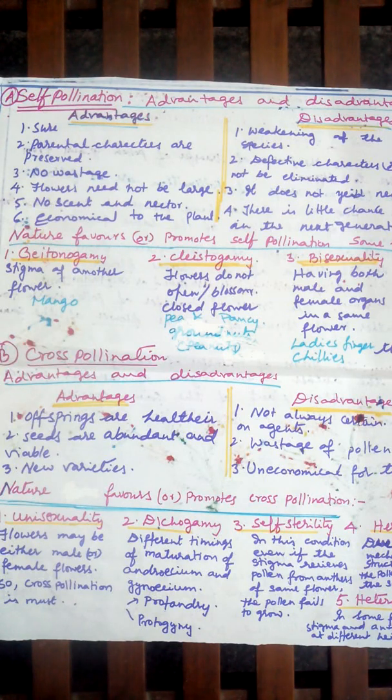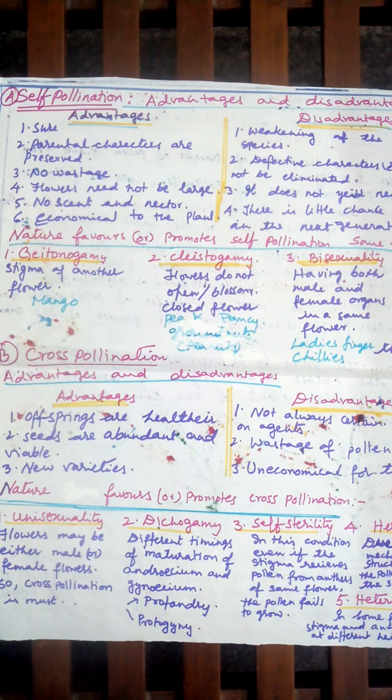So they facilitate self-pollination as external pollinating agents are not required at all. That is definitely self-pollination, called cleistogamy. Usually it occurs in pea, pansy, etc. Got it, children? Any two examples of cleistogamy: pea and pansy.